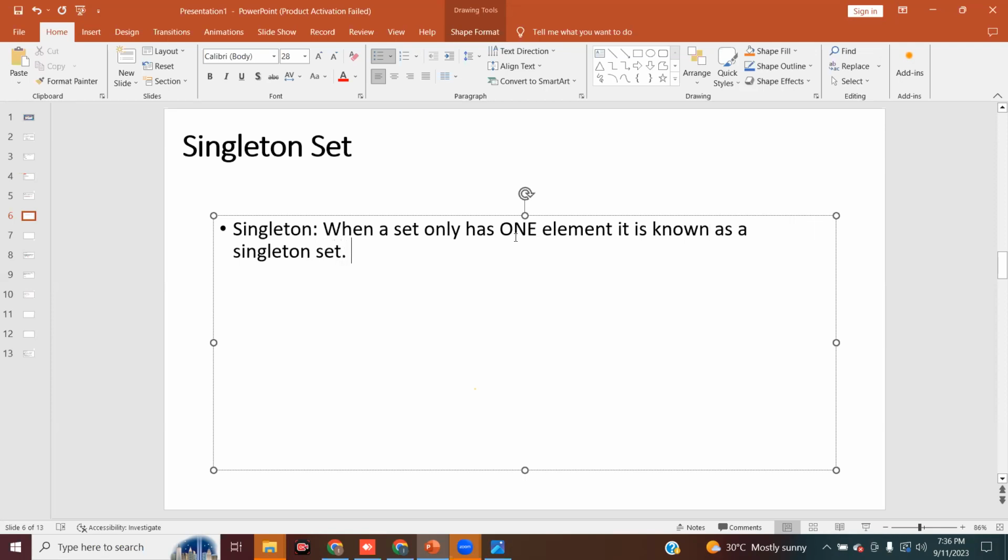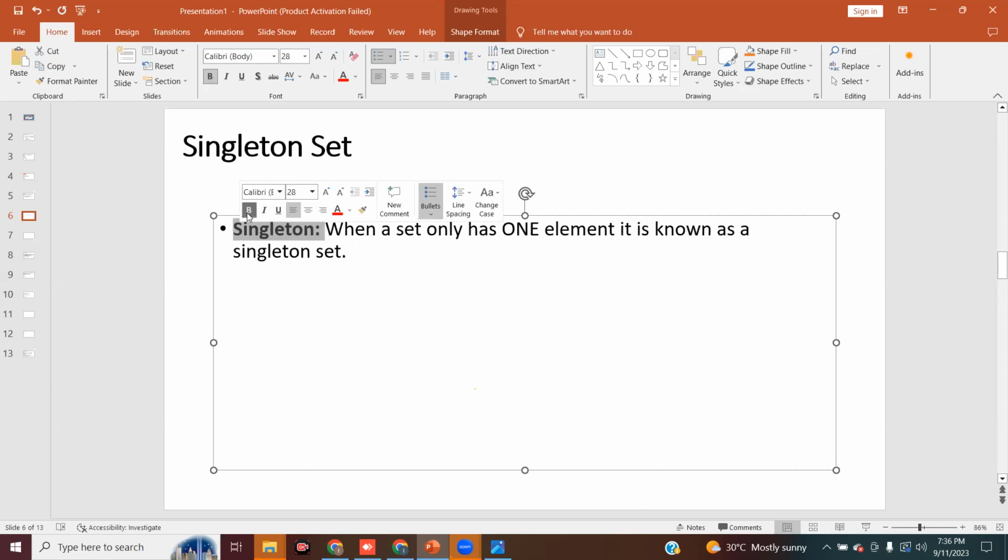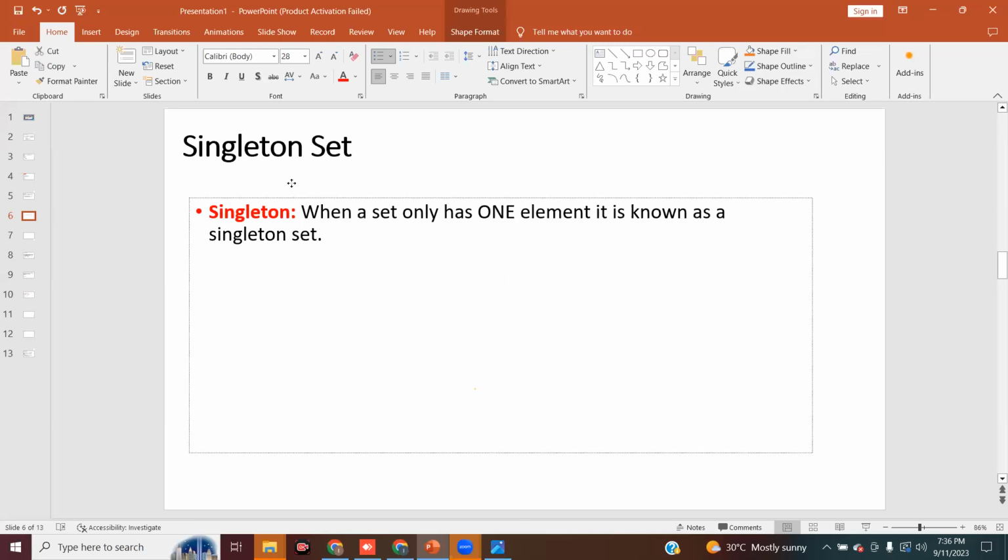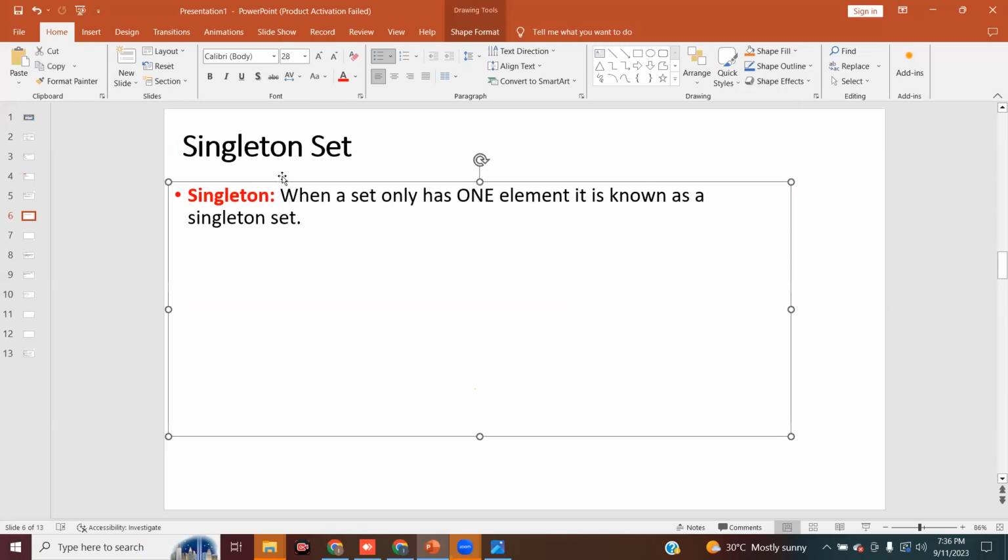Right? So it only has one element. So if it has no elements, what do we call it? Null or empty. Very good. But if it has only one element, then it is a singleton set. Very good.